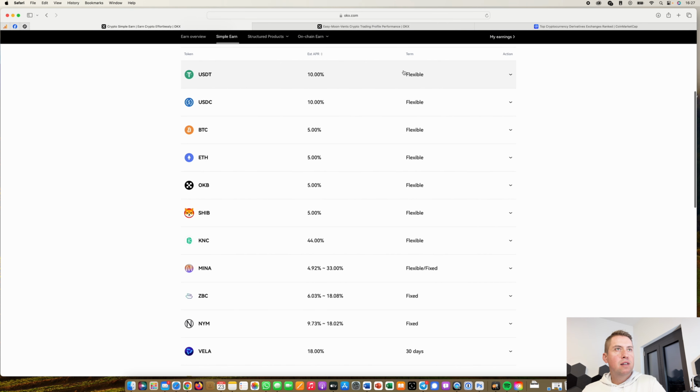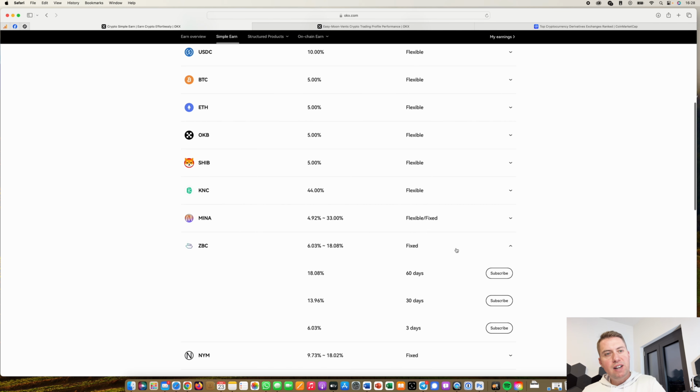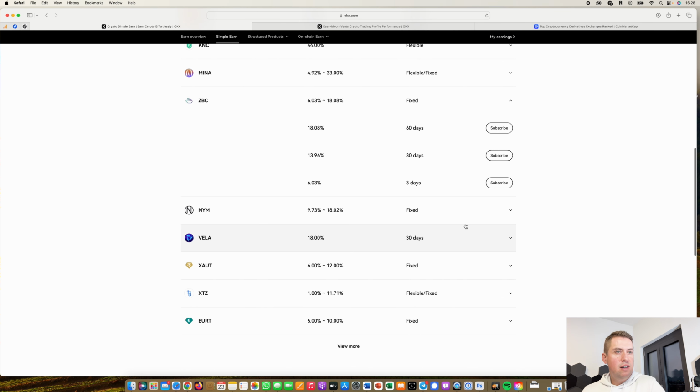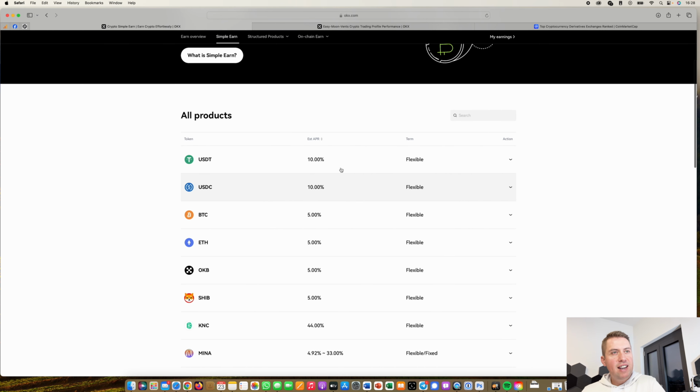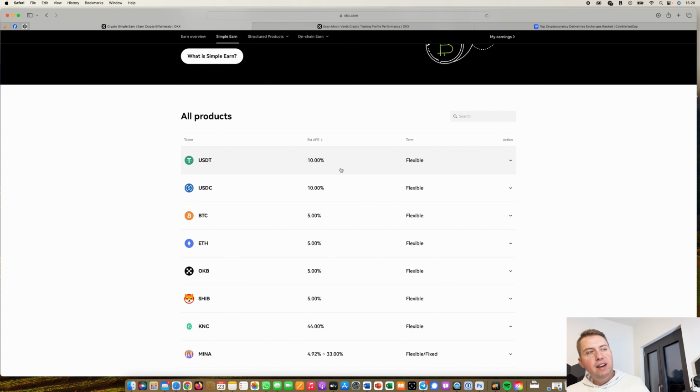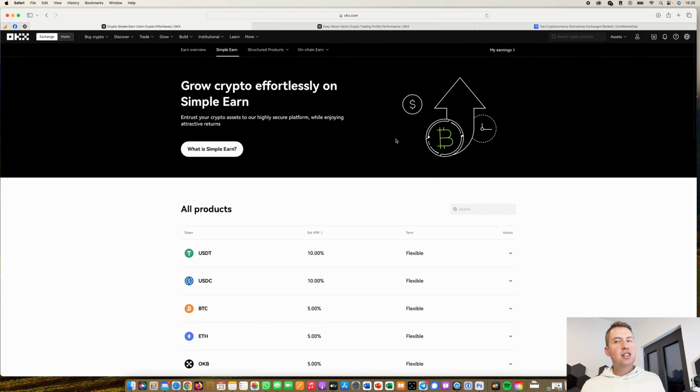And flexible basically means you can withdraw your money whenever you want to. And fixed basically means it's for a fixed amount of time. And then you can easily subscribe there. And because the money stays at OKX and they're handling everything, it's fairly safe. So it's as safe as leaving money on the exchange.